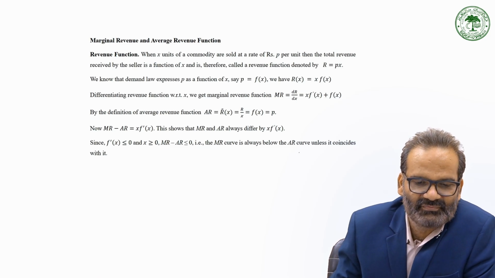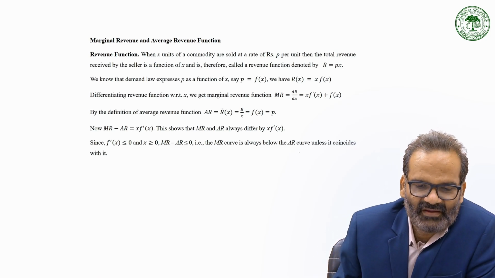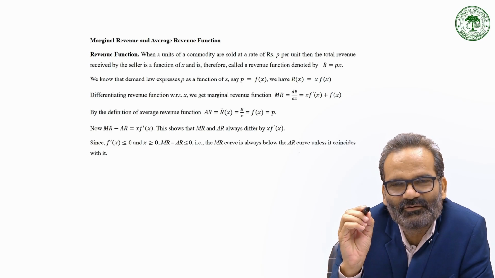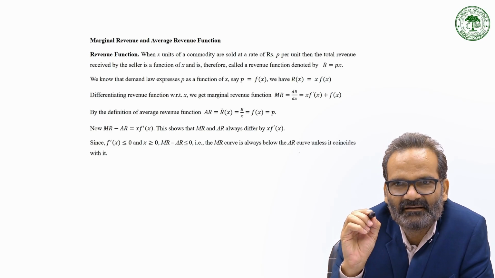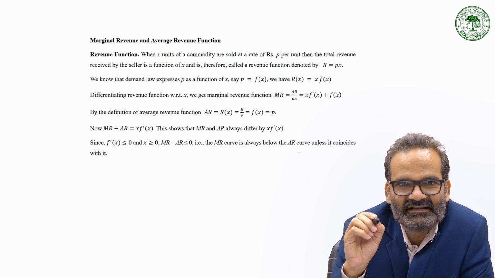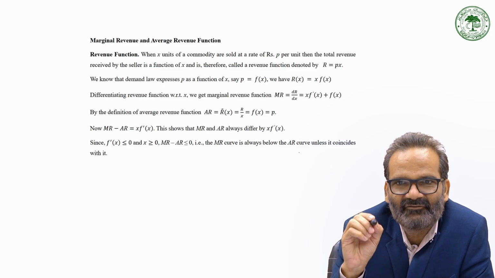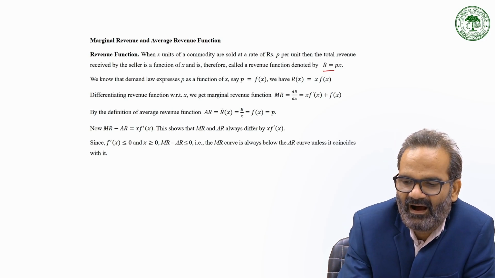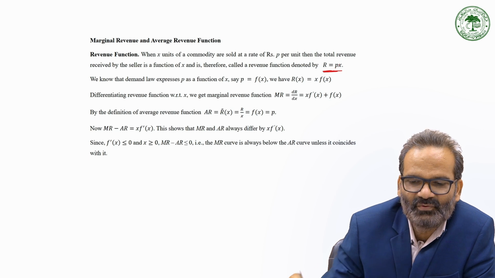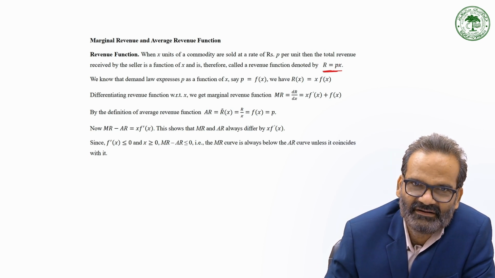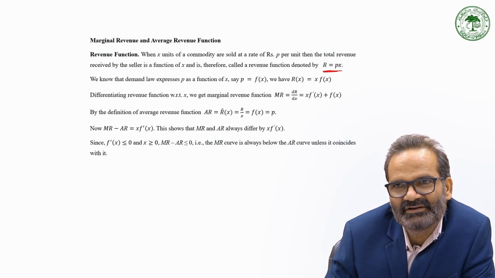If X units of a commodity are sold at a rate of say rupees P per unit, then the total revenue received by the seller is a function of X and is therefore called the revenue function, which is denoted as R. R is equal to P into X. P is the price per unit of the commodity and X the number of commodities sold.